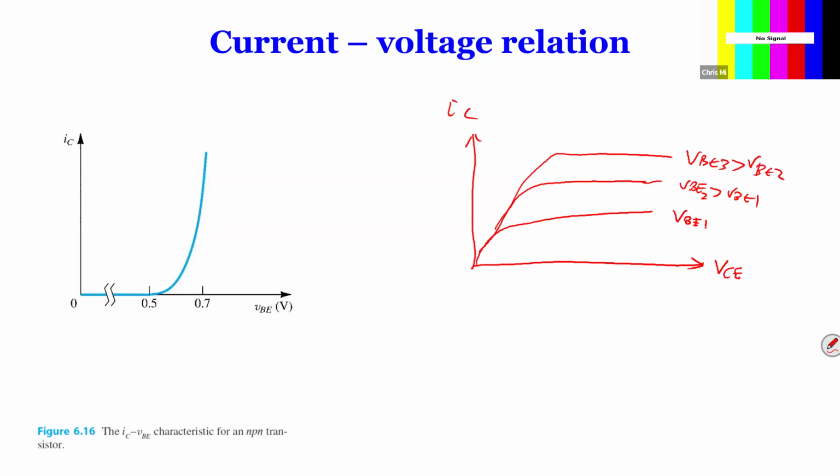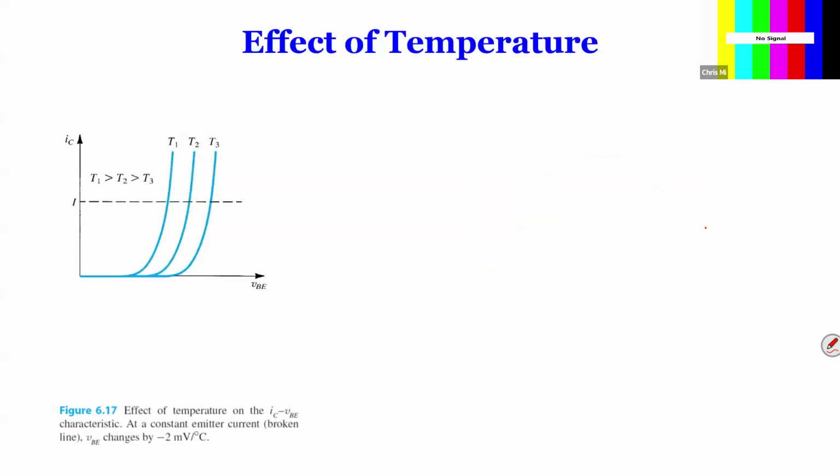And I can just remind you of how the p-n junction of a diode works this way. But that happens for a given temperature. If temperature changes, this curve actually shifts.